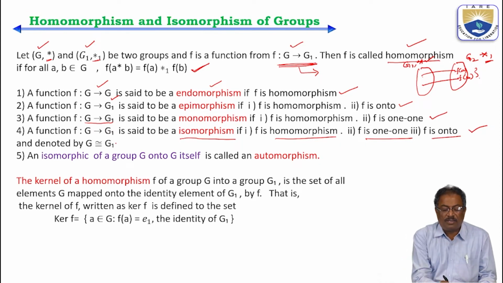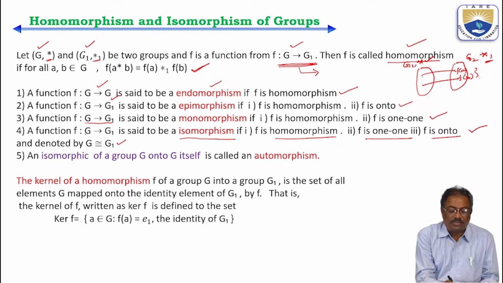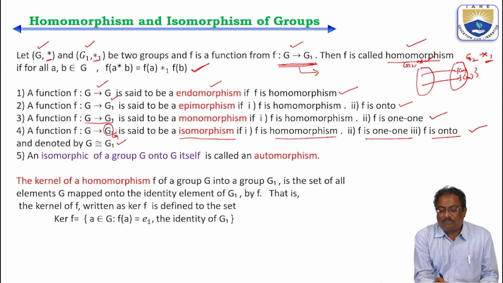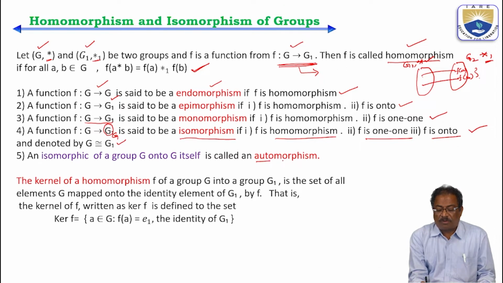And the isomorphic relation we are going to write like this: G is isomorphic to G1. Suppose instead of F from G to G1, if I am taking F from G to G, and the function is homomorphism, one-to-one and onto, then such a mapping is called an automorphism.